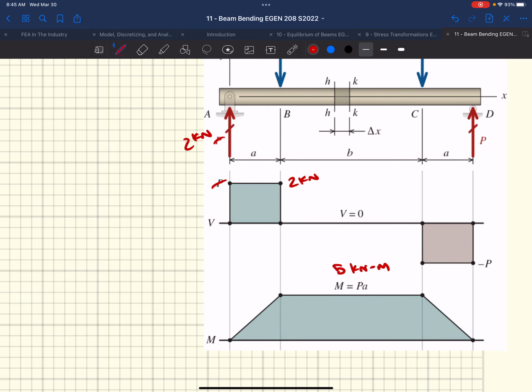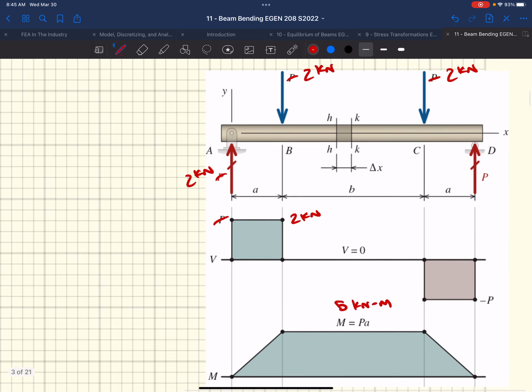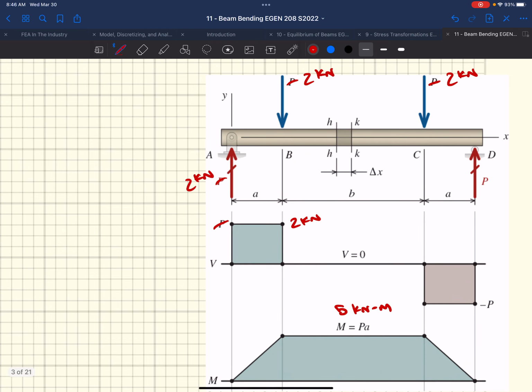So on, right? If we looked at a small sliver, small little section of this beam, we're going to say from H to K, we're going to cut it twice. We're going to put 2 cuts in it. We're going to draw a free body diagram of that little piece. That little piece is tiny. It'd be like the tiniest little sliver of this beam, right?